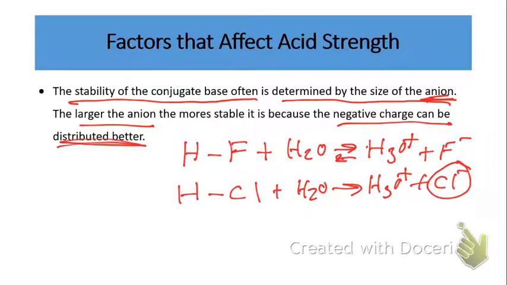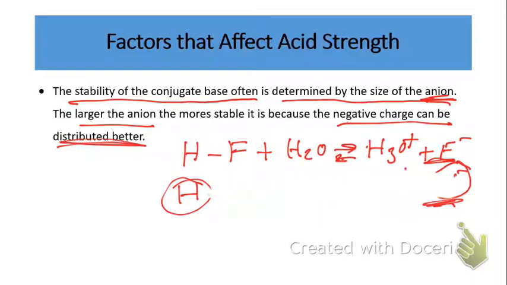And that's why we see such a dramatic change going from HF to HCl, due to the fact not only that the bond strength makes it easier for HCl to lose that hydrogen, but also that the anion, the conjugate base, is more stable than fluoride due to the size and holding the negative charge distribution. Okay, so hopefully that makes sense to you.